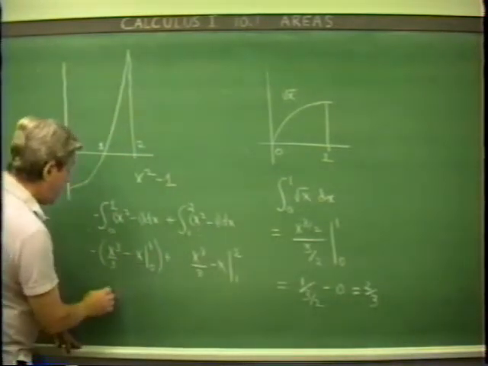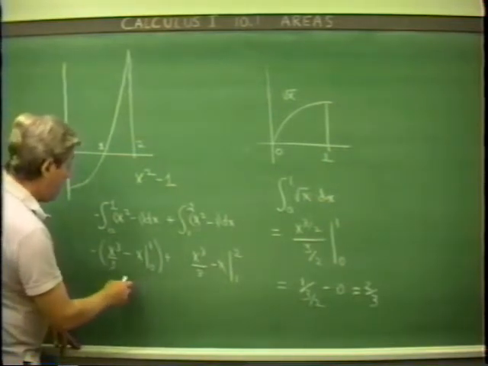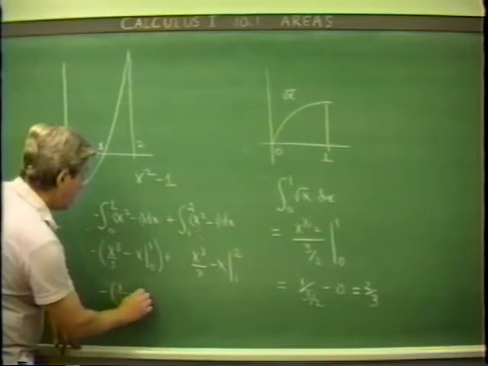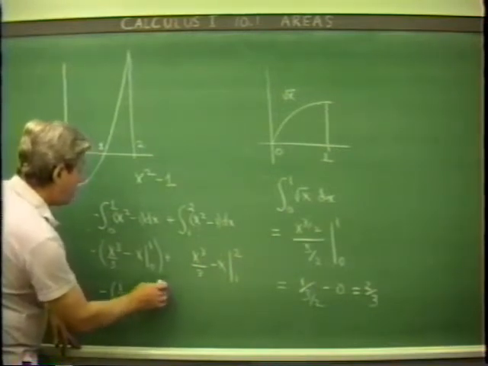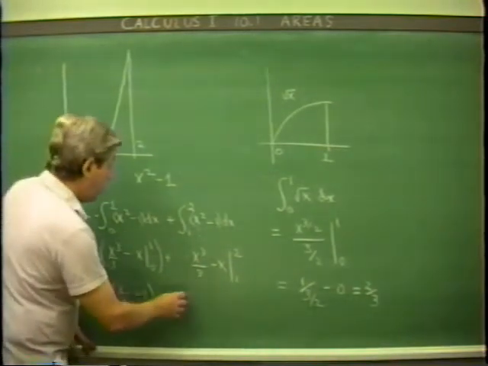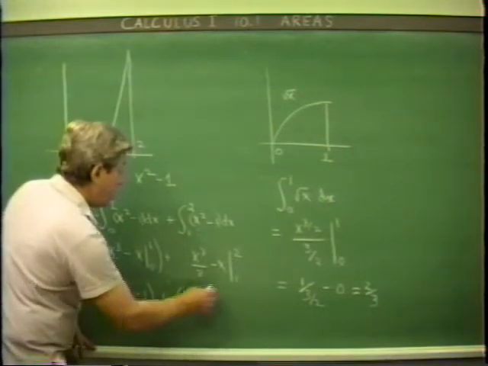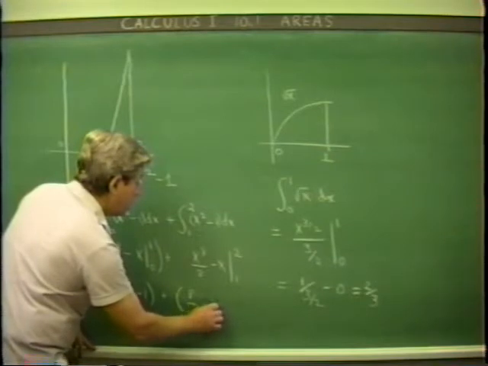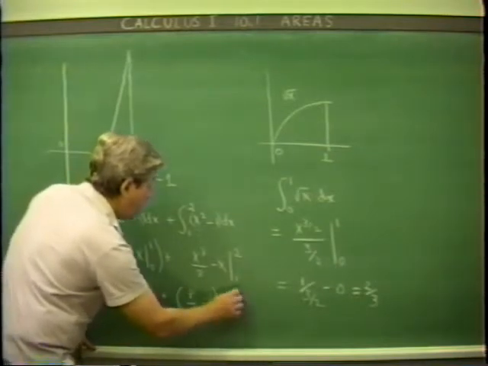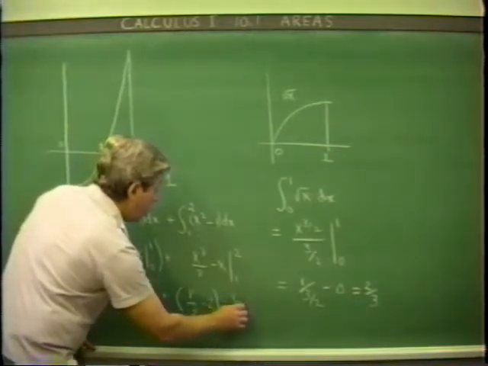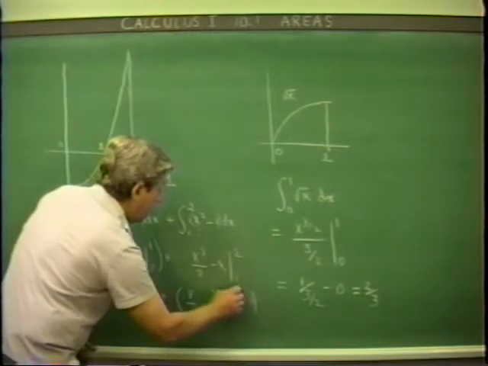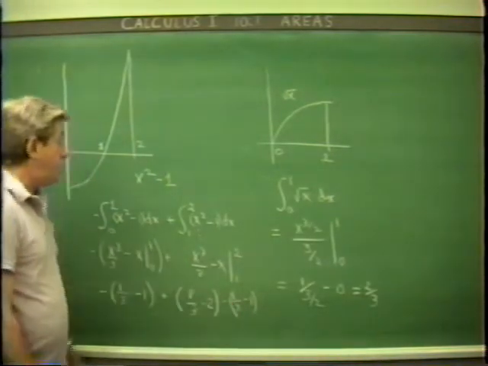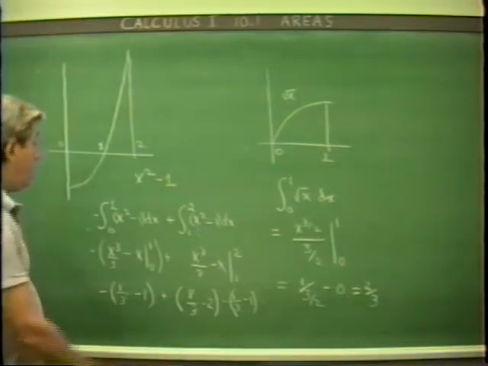And this is going to be the negative of the value at 1 is 1/3 minus 1. The value at 0 is 0. Plus, here the value at 2 is 8 over 3 minus 2, minus the value at 1, which is 1 over 3 minus 1.